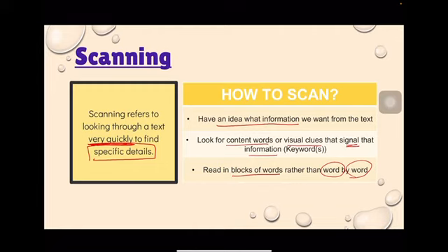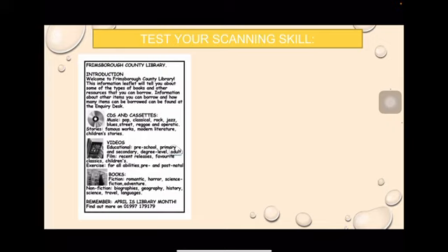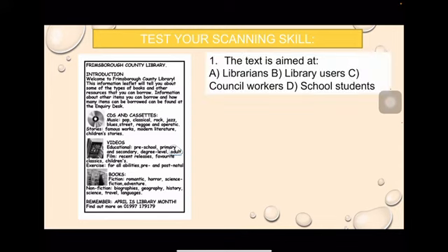Now, let's test our scanning skill. Yes, it is still with the same graphic that I showed you earlier. And this time, I want you guys to answer some questions, which I will prompt you one by one. The first one, the text is aimed at what?